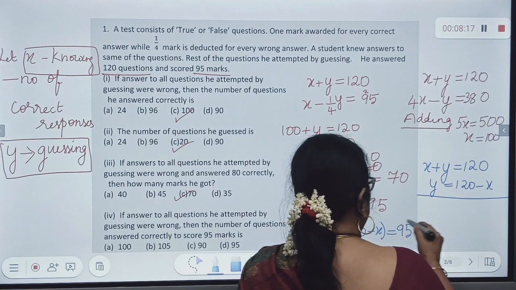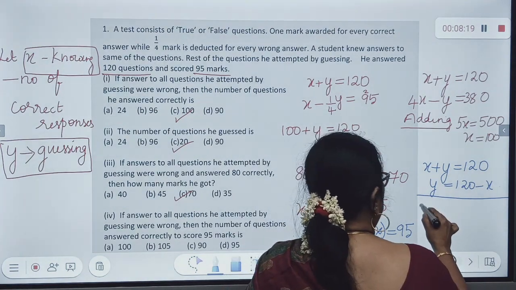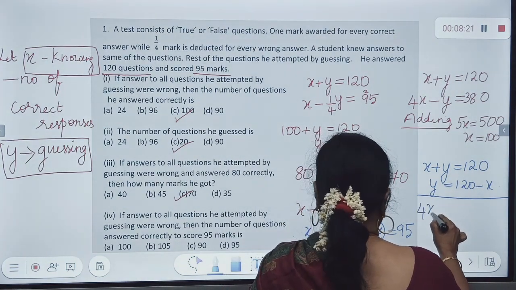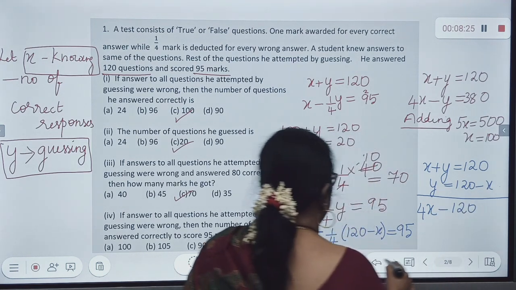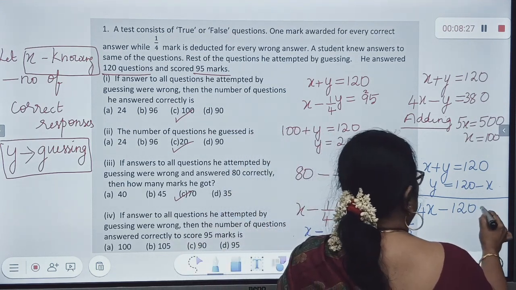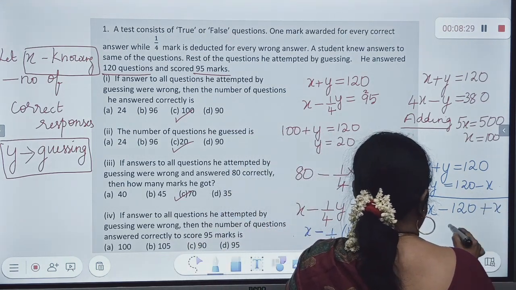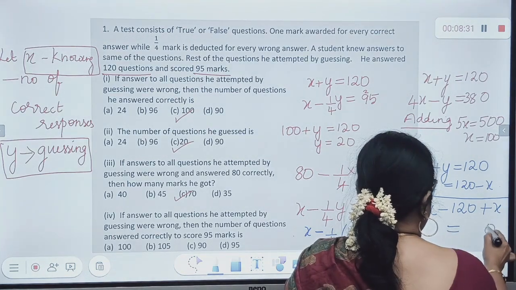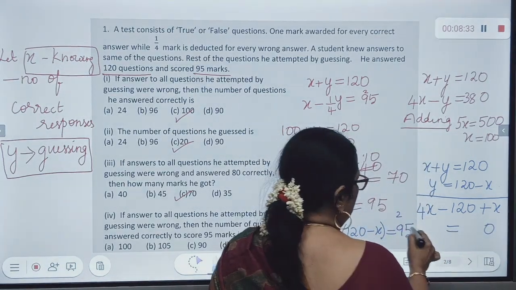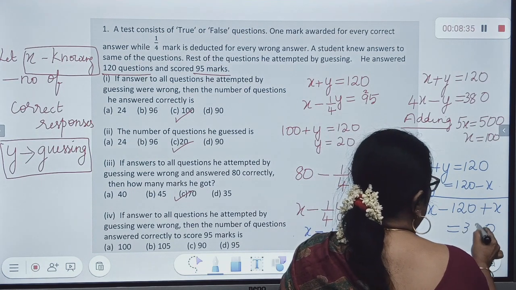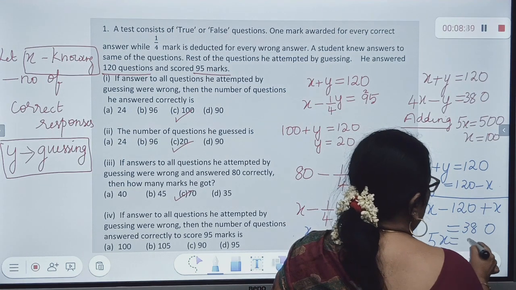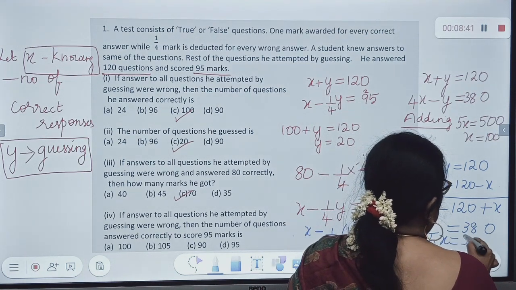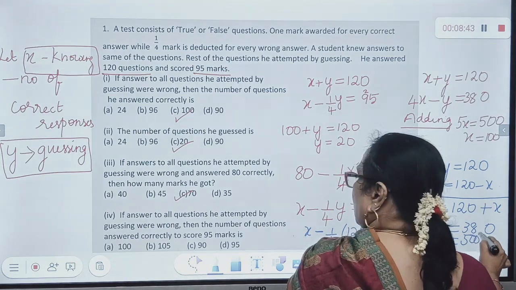So what will you get if you multiply this equation throughout by 4? 4x minus 120 plus x equal to 4 into 95, 380. So 5x is equal to 500. So x equal to 100.